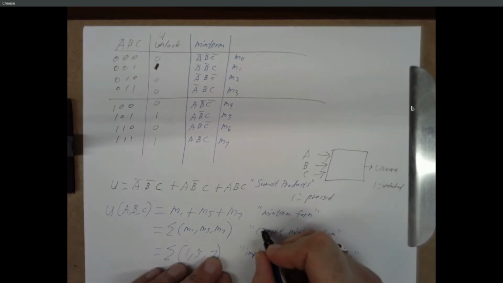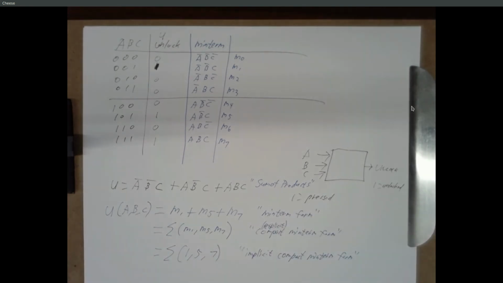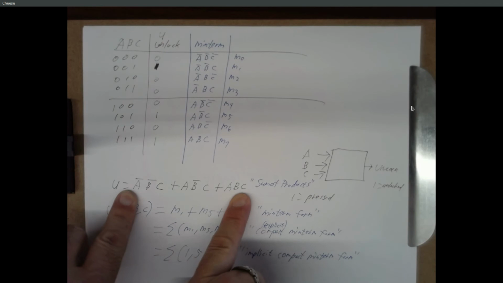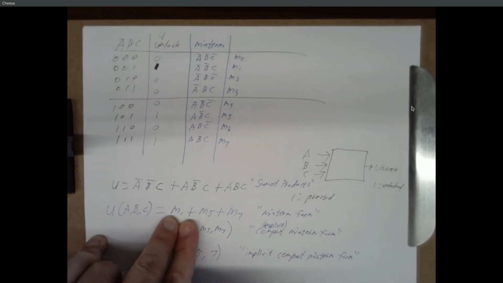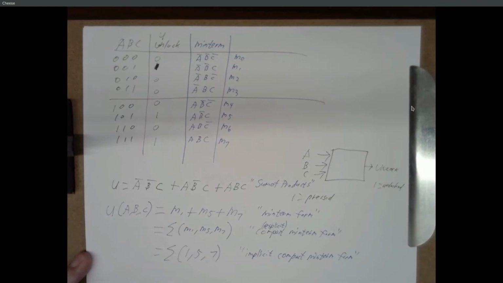And so this might be called explicit. So a lot of terminology. The main thing to know is if you're asked to write the sum of products, spell it out. If you're asked to use minterm form, you can use the m's as an abbreviation. And usually this, or this, I'll accept any of those.